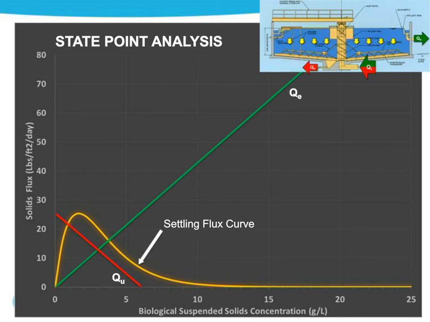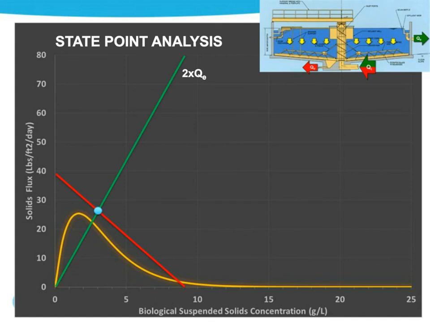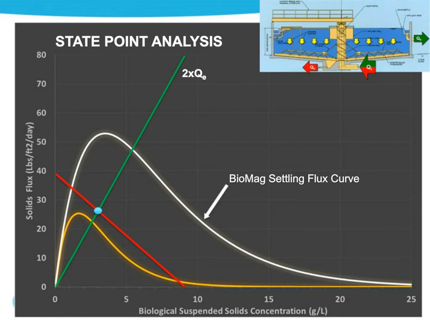Now, if I increase my flow hydraulically through the plant, I'm going to exceed that curve, and I'm going to start washing solids out. What BIOMAG does, because you're able to get the solids to settle faster, is take that solids flux curve and spread it out and increase it higher, so that I now fit within that state point analysis, and I'm able to get more stable settling in that clarifier and achieve my desired effluent. Ultimately, you get more capacity both hydraulically and for solids through that clarifier.